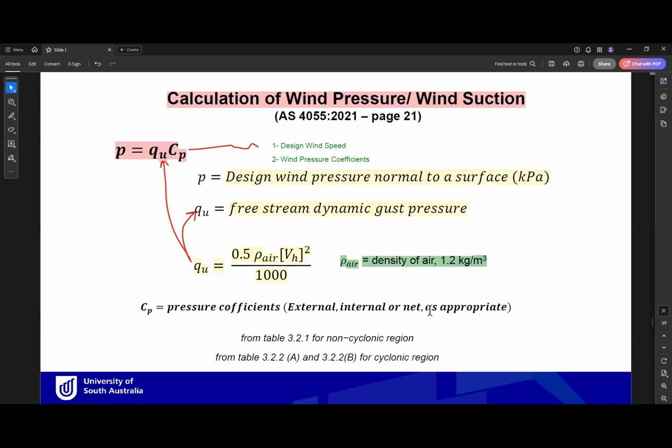We will understand this better in the example, in the tutorial, but this is just to know how to find the wind pressure. So rho air is a constant value, 1.2 kg per cubic meter, known for us. 1,000 is a constant. So what is V_H? V_H is the design wind speed.